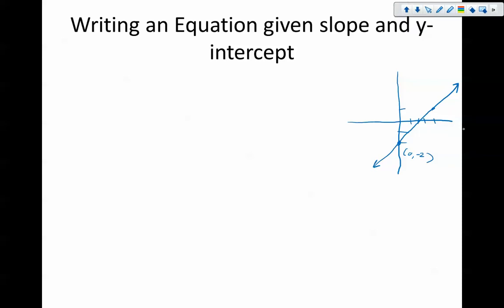So over here on the right, we have a graph, and notice that it crosses the y-axis, which tells us that we can find the y-intercept. We're not being given the slope, but we can see the line, so we can find the slope. So with these two pieces of information, slope and y-intercept, we want to use slope-intercept form.